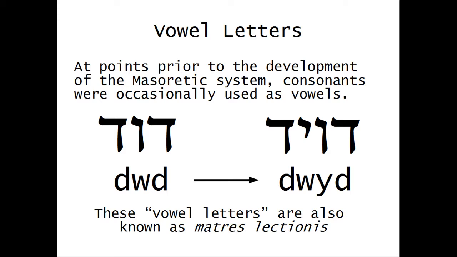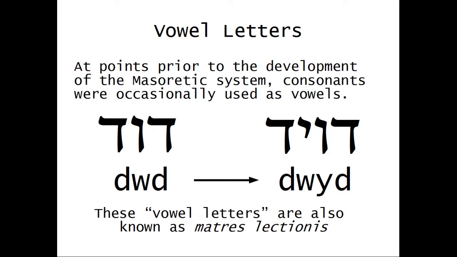This is not an indication of a change in pronunciation, but rather of a spelling convention. The scribes at that point decided to indicate that E sound in the second syllable of the king's name with the Yod. So there's no change in pronunciation, just a change in spelling to aid the reader.